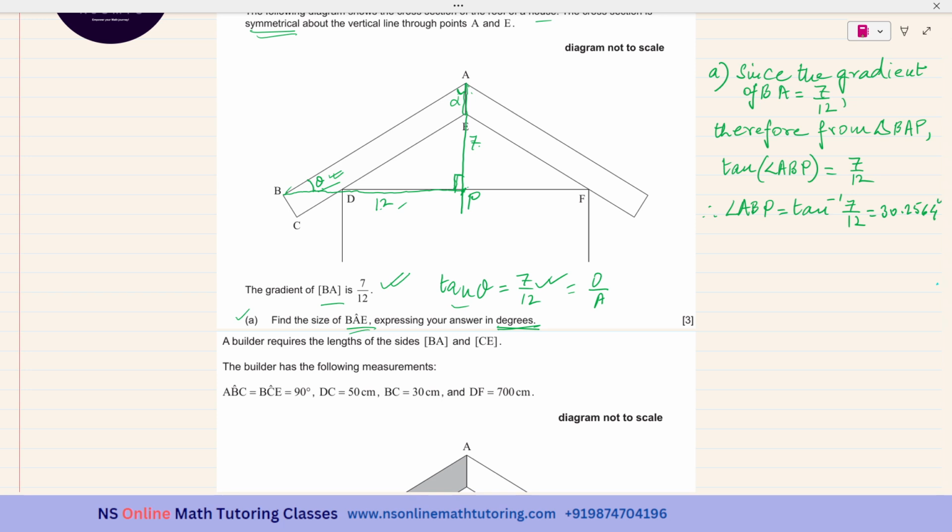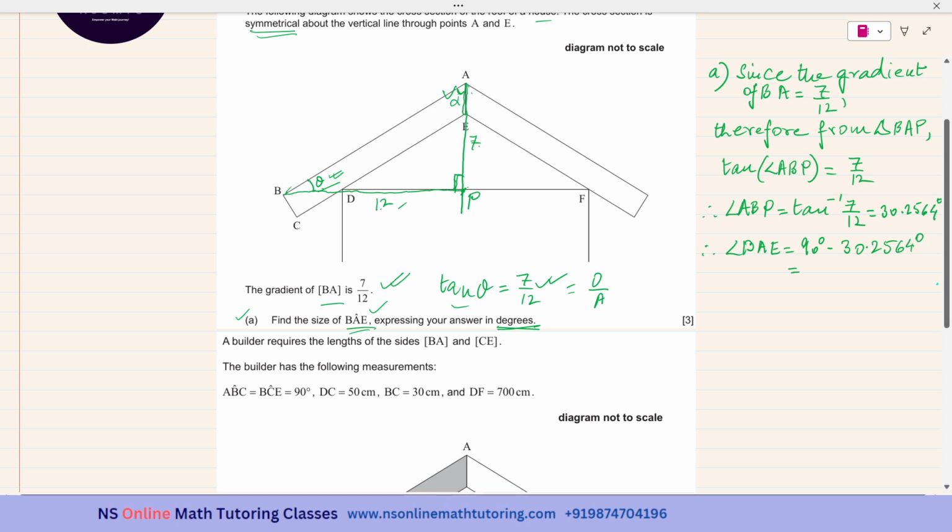Therefore angle BAP, or they have written BAE, so I am mentioning it as BAE. It is the same angle. Angle BAE will be equal to 90 degrees minus 30.2564 degrees.